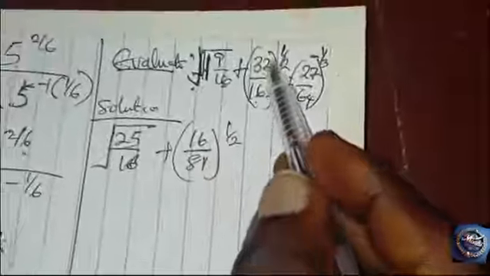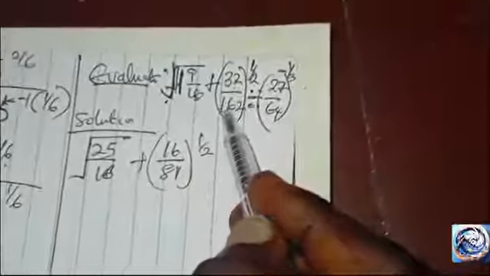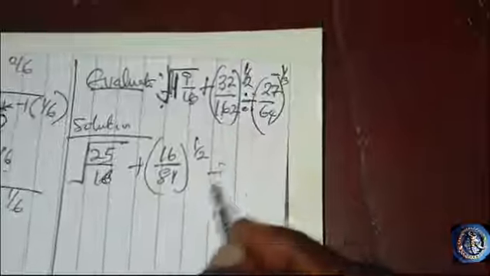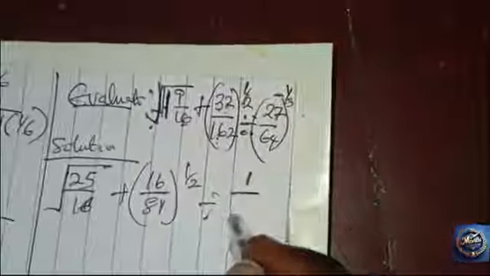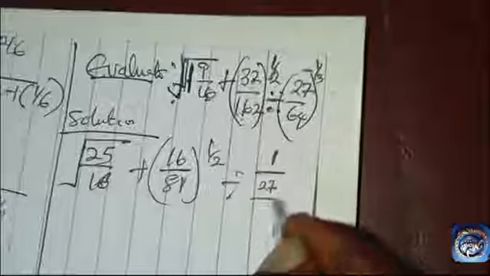Divided by 27 over 64 raised to the power of minus 1 over 3. So it will be 1 over 27 over 64 raised to the power of 1 over 3.